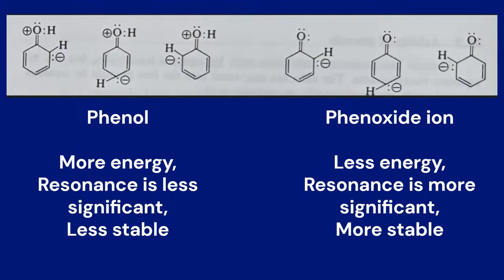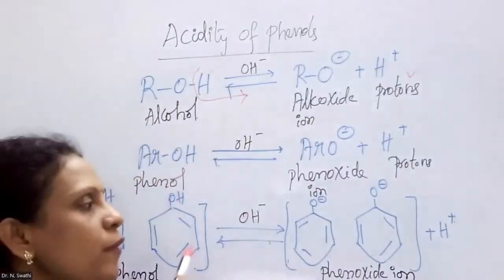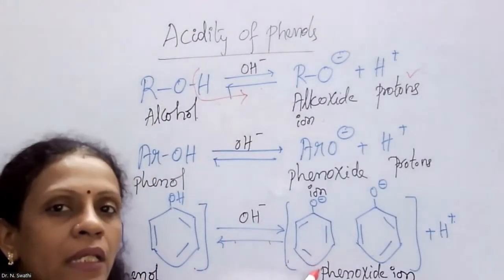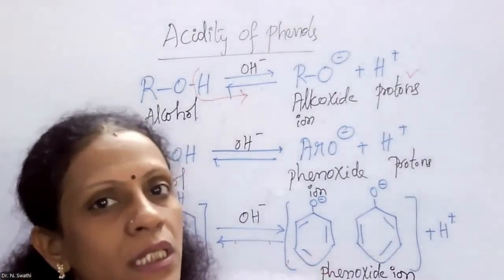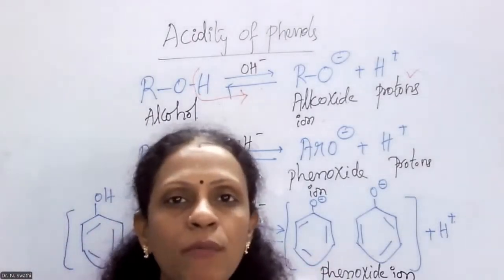So even though both phenol and phenoxide ions have the same number of resonance structures, the resulting phenoxide ion is more stable and the resonance phenomenon is more prominent in the case of the phenoxide ion. It is because of this reason that phenols easily undergo deprotonation in the presence of aqueous alkali and readily give the corresponding phenoxide ion, because it is stabilized by the resonance phenomenon. Hence, they are more acidic when compared with alcohols.